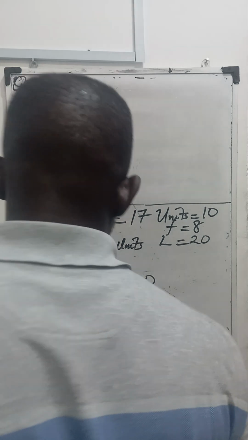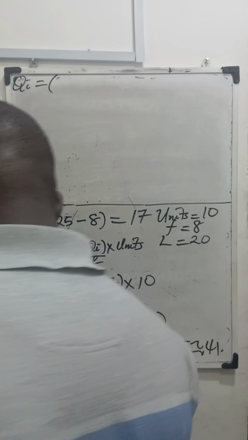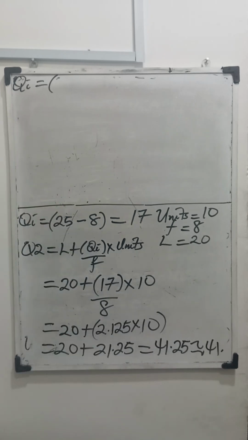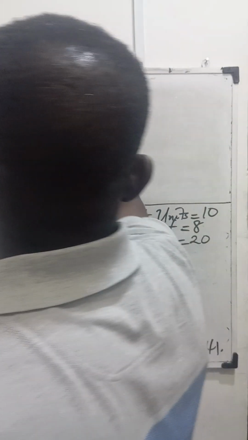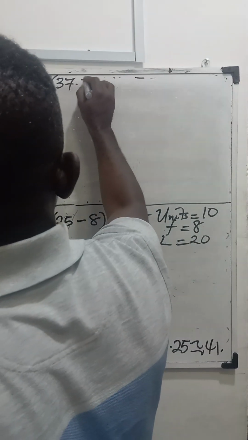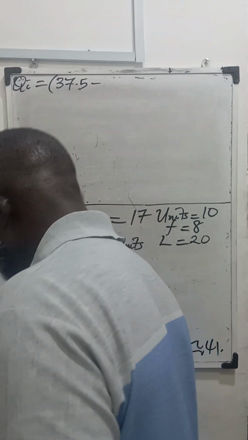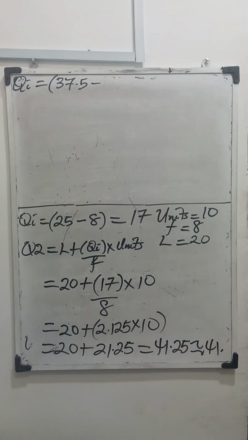So what do we have for Q1? What did we get as the upper quartile when we calculated? The upper quartile, we got 37.5. So we are subtracting it from the next value on the frequency table.